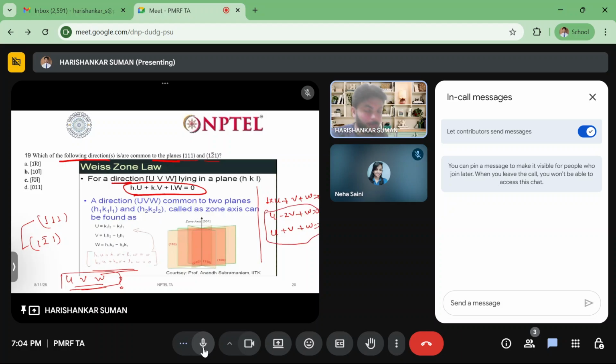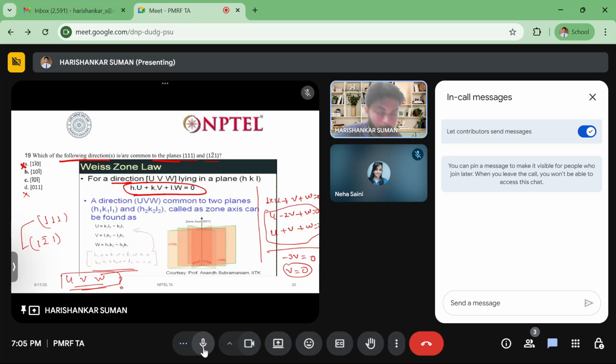Now please find UVW. Just subtract this equation from the first: 3V equals 0, meaning V equals 0. So D will not be the correct answer and A will not be correct.